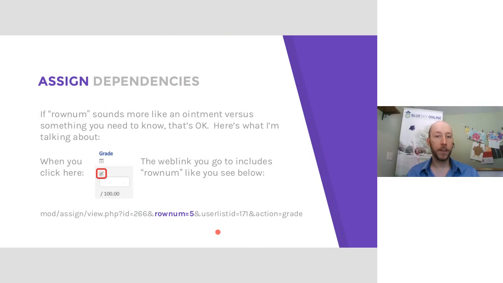So for instance, if you're not familiar with what the Rownum is, when you hover over it, this is an example that shows you where that will be displayed in the URL when you click to grade something from the typical grading interface in Moodle.